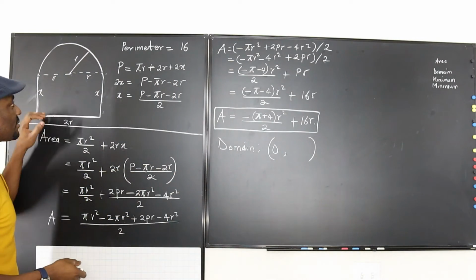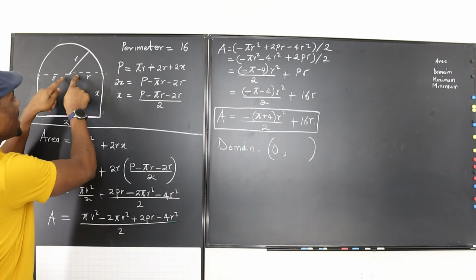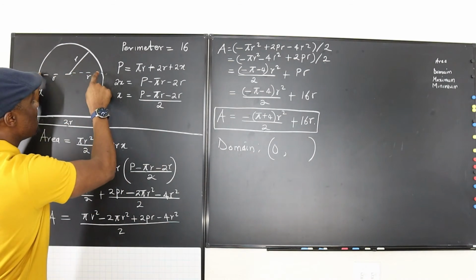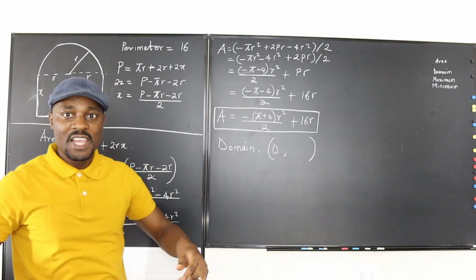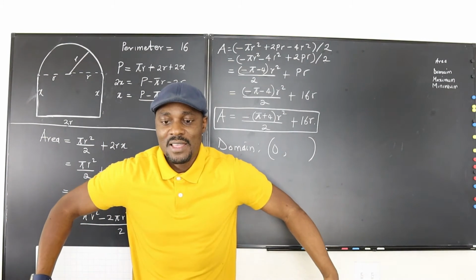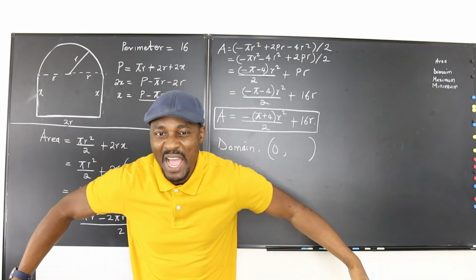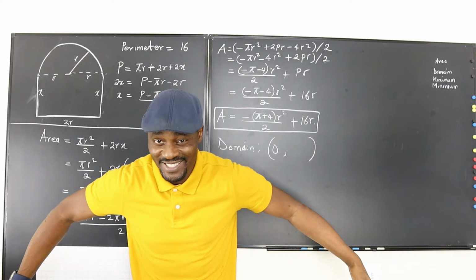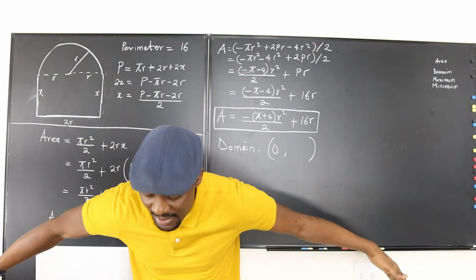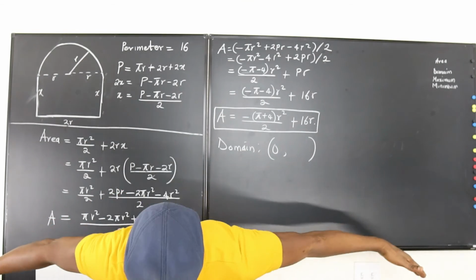Look at this shape. Let's talk about increasing first. The more you increase the radius of this arc, the more it's going to spread out. What's happening to x? X is getting smaller. See how x is bowing down to you? X is going down.